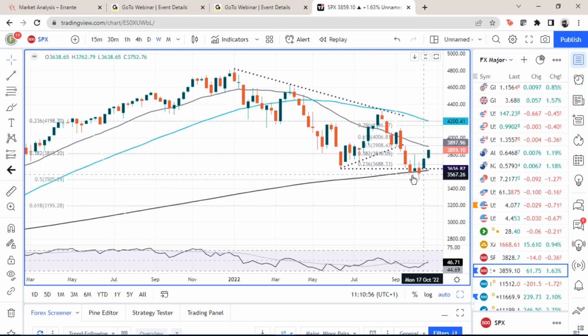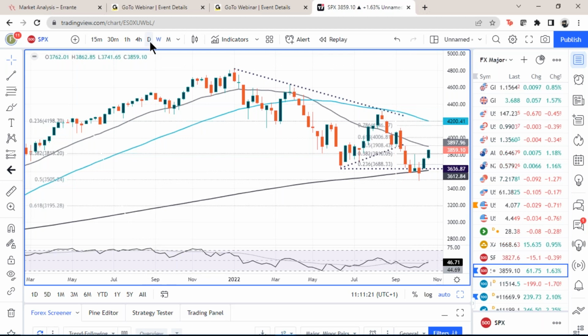We've moved now back above another fib level, the 3815, actually 3820 level. Now we're above that this week, and we're looking at now this 100-week moving average, that grey line at 3897.